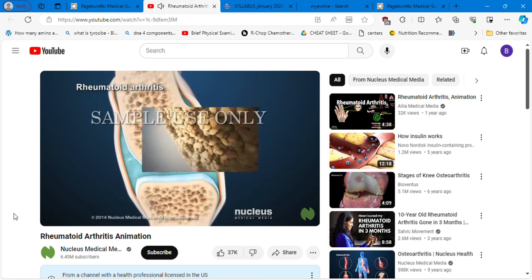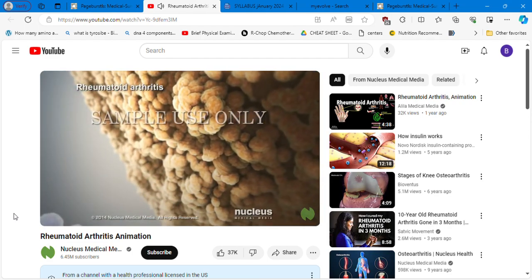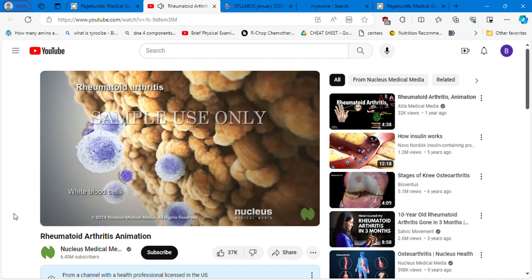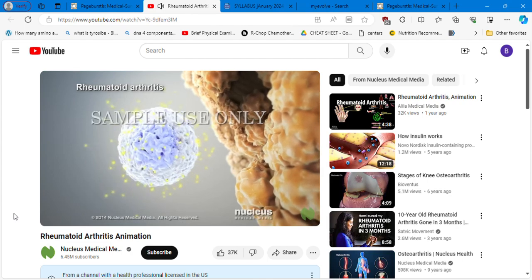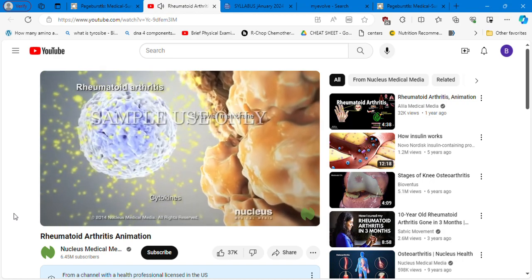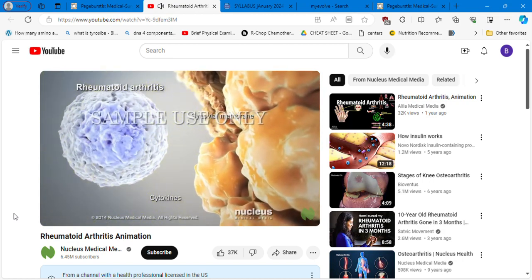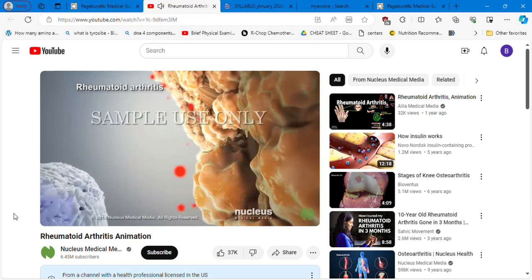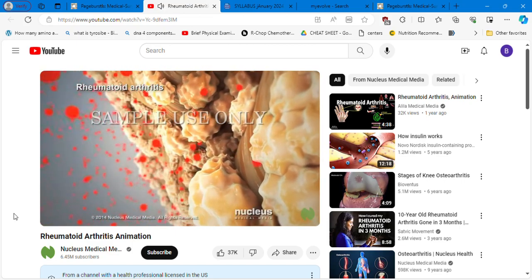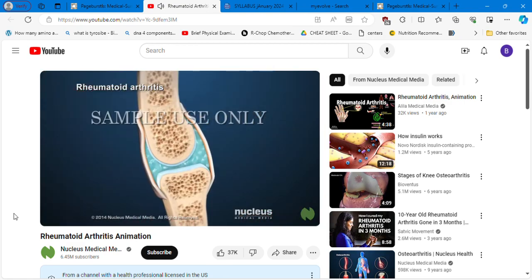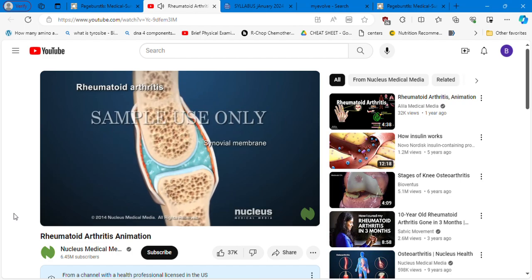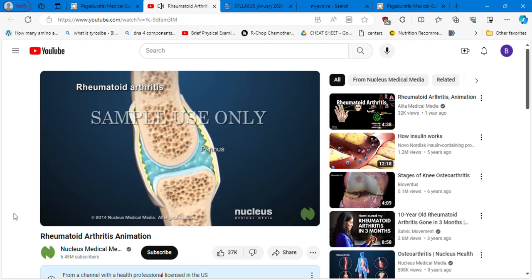Here's how it happens. The white blood cells of the immune system move into the joint. They release chemicals called cytokines, which attack the cells of the synovial membrane. These chemicals cause synovial cells to release other destructive substances. They also cause the synovial membrane to grow new blood vessels and form a thickened area called a pannus.